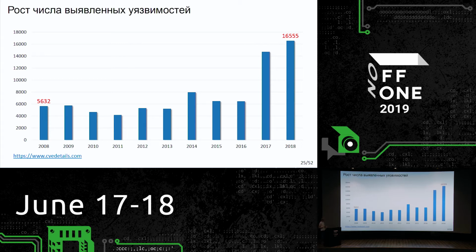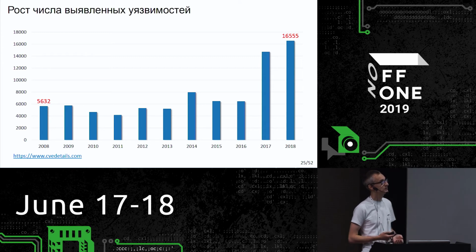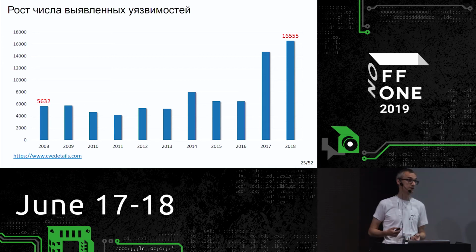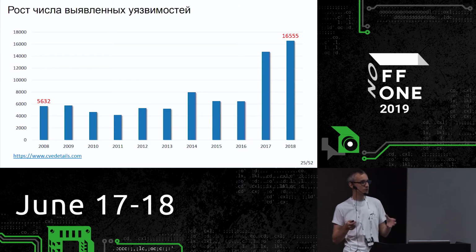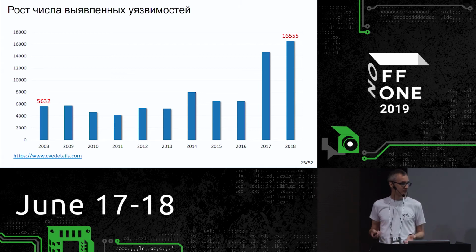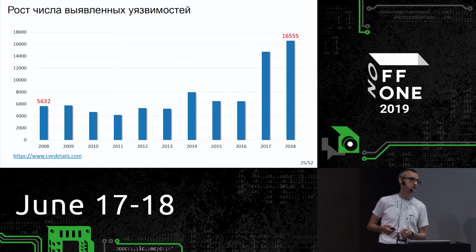And if you have a look at the graph of the amount of vulnerabilities found, we saw 5.5 thousand plus cases in 2008, well documented, that you could use if they were not fixed. And look at 2018. It's more than 3 times this amount, so it's huge growth.